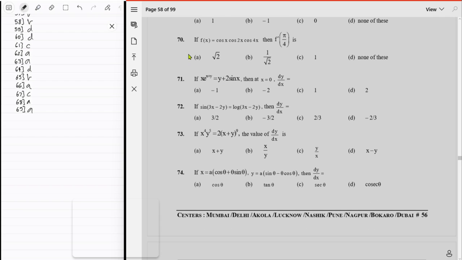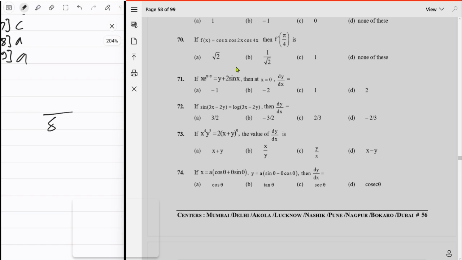Next question. If f(x) is equal to cosine of x, cosine of 2x, cosine of 4x, then f dash of pi upon 4 will be. I think I've seen that as well somewhere. So you can multiply by sine of x and then also by 8. So just have this upon 8 sine of x, and then the 8 sine of x on the top.